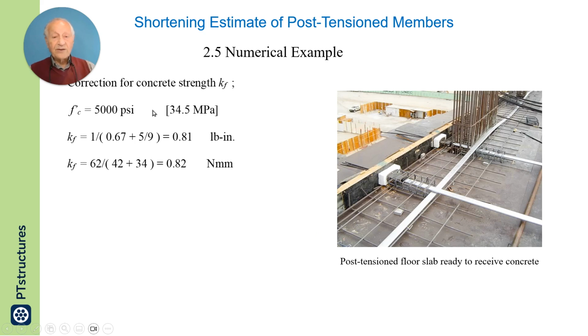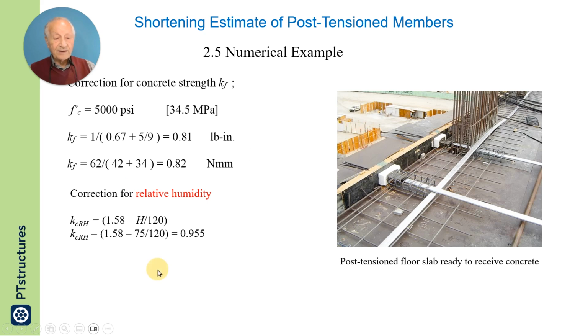Now, correction to concrete strength: the concrete strength specified in the example is 5,000 psi. The standard test was 4,000, so we will make a correction due to that also. Correction due to relative humidity, we had it.